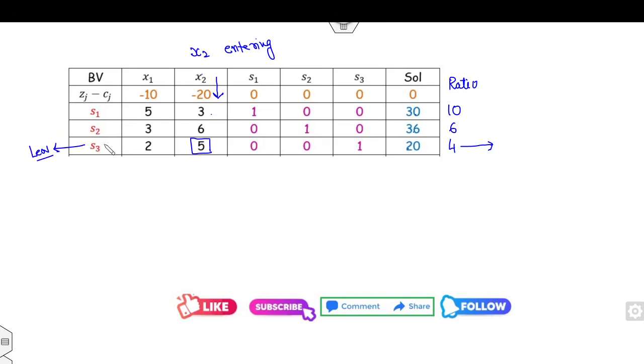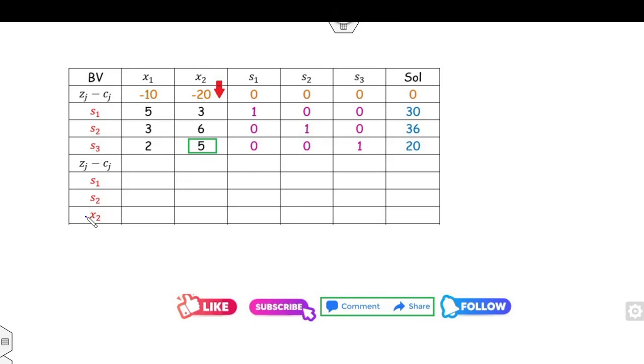So in the next table I can replace s3 with x2. Now write the identity matrix: the first column x1, second column s2, third column x2, and the corresponding values are 0, 0, 0.